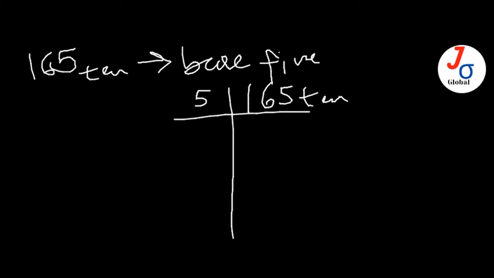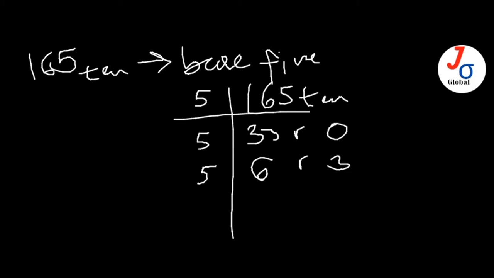165 divided by 5, I got 33, remainder 0. Then I'm going to do 33 divided by 5. I'm going to get 6, remainder 3, because 6 times 5 is 30.